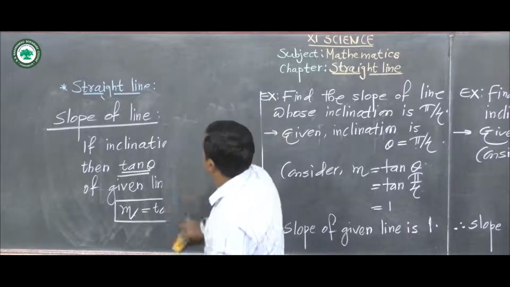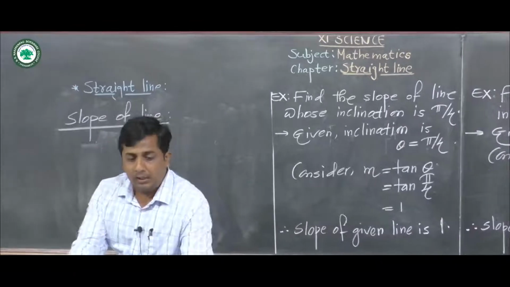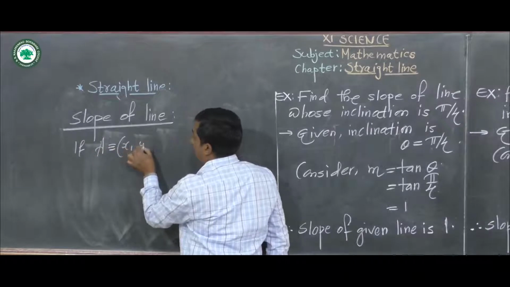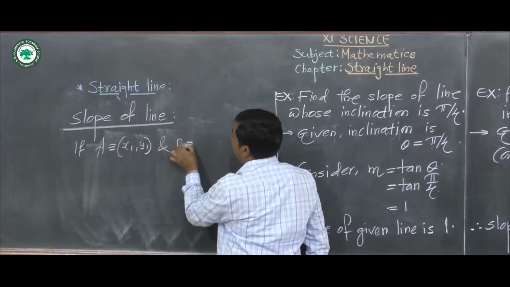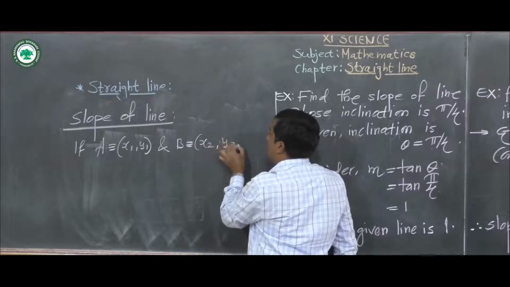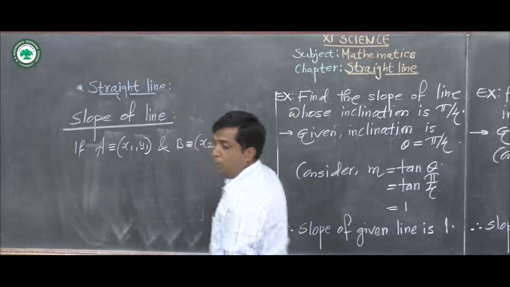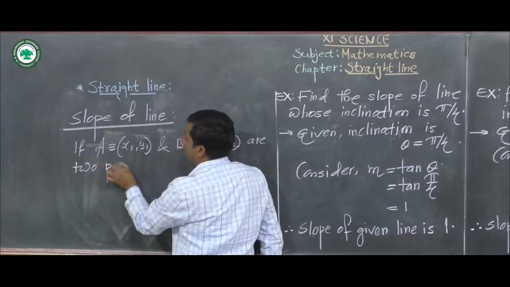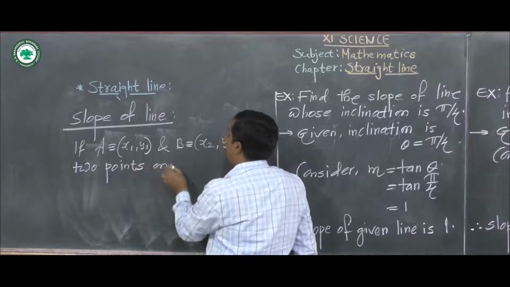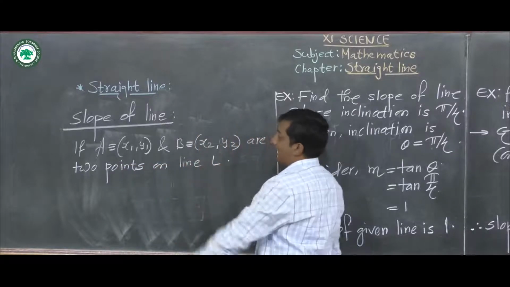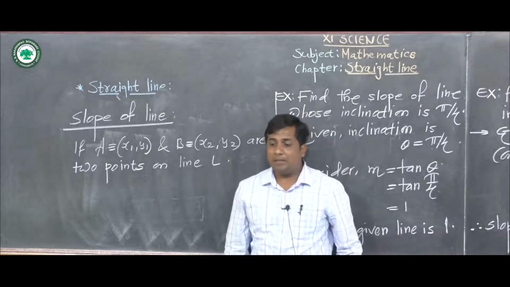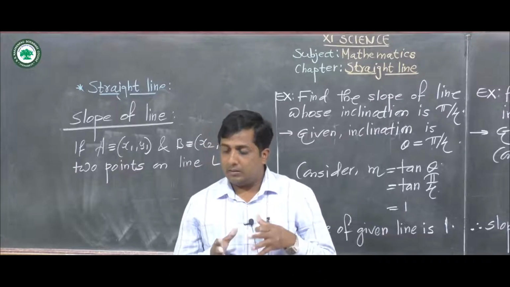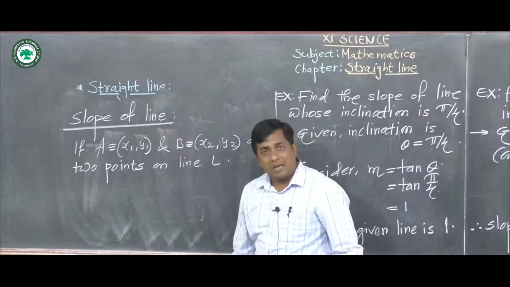Here I write, if A is equivalent to x1 y1 and B is equivalent to x2 y2, are 2 points on line L.